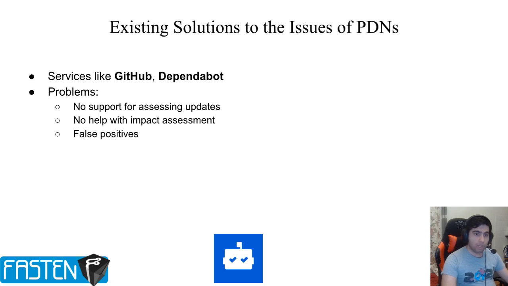And they provide no help with impact assessment. Let's say I am a library maintainer and I change a function in my library: how many clients will be affected by that change? And last but not least, they suffer from false positives.